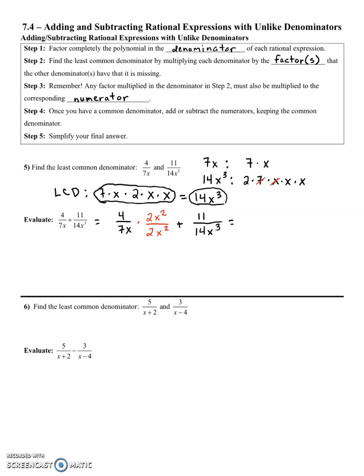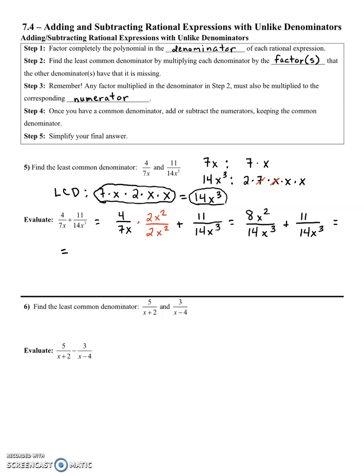So now let's do the multiplication. 4 times 2x squared is 8x squared. And then 7x times 2x squared is 14x cubed. And then we still have the plus 11 over 14x cubed. Now, if you notice, we have the same denominator.